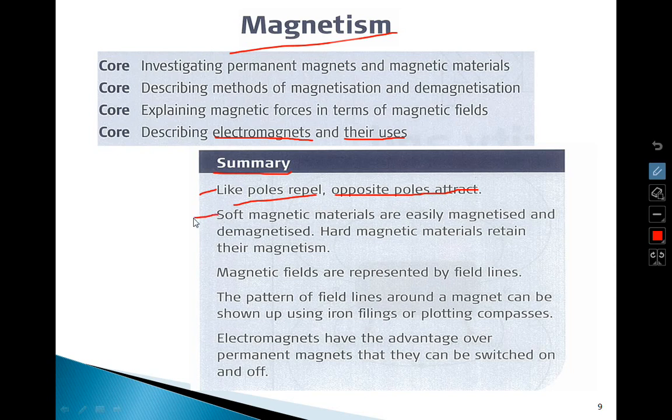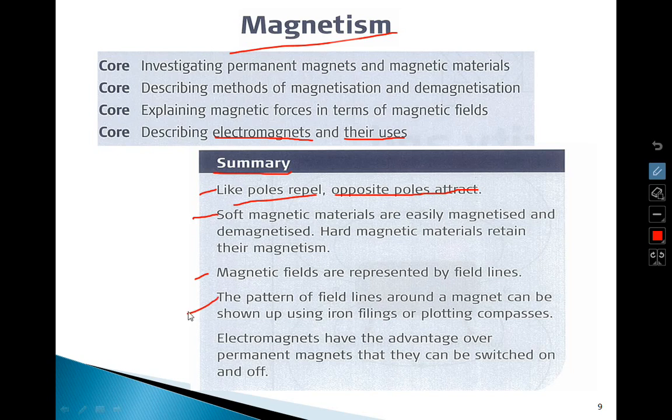Summary number 2, soft magnetic materials are easily magnetized and demagnetized. So we have covered the magnetization method and demagnetization method. Hard magnetic materials retain their magnetism. Number 3, magnetic fields are represented by field lines, as we saw in the last few slides.